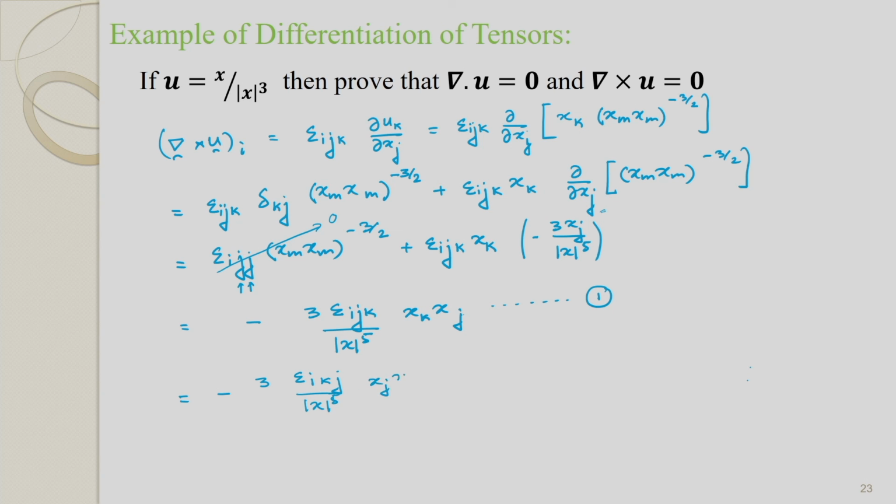So I replace j by k and k by j, interchanging dummy indices j and k. Now this we can write as epsilon ikj. Now epsilon ikj is nothing but minus epsilon ijk.